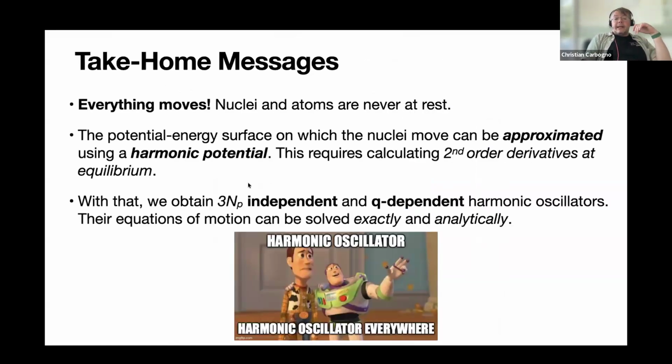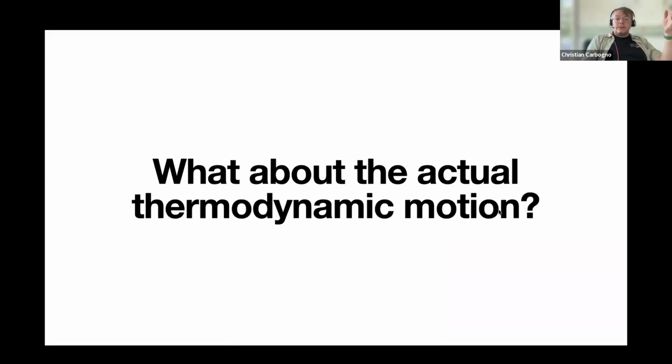We have now obtained ways to describe these 3N independent and q-dependent harmonic oscillators. The most important thing here is that we can now solve the equations of motion for these harmonic oscillators analytically and exactly. And this provides us now a route towards the actual thermodynamical motion.